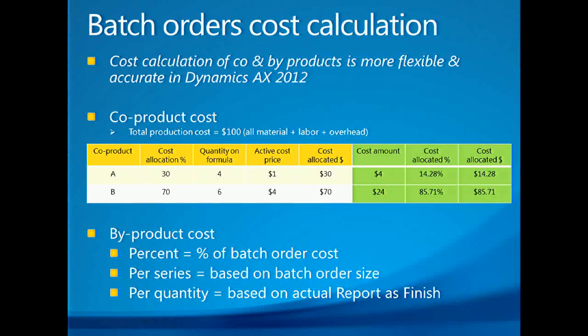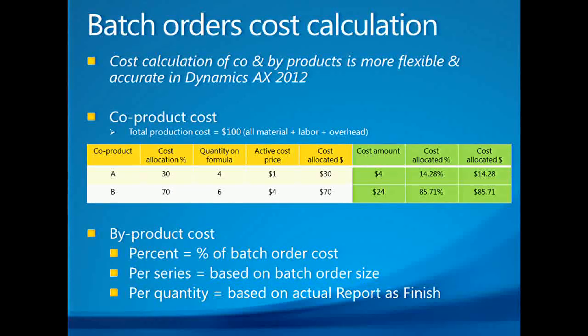Because then this is not 4 or 6. This would be something completely different depending on the batch order. Right, so whatever that is, it'll scale using this. That's the second level of complexity, if you want to call it. And then the third is if you have variations. So in the formula you set up A and B, and now if you get C and D as well.